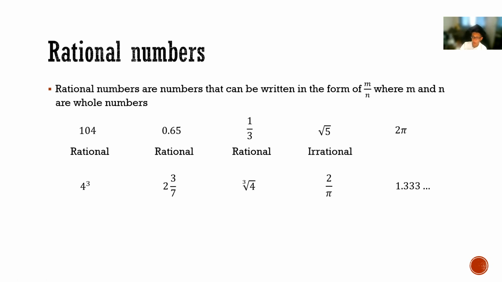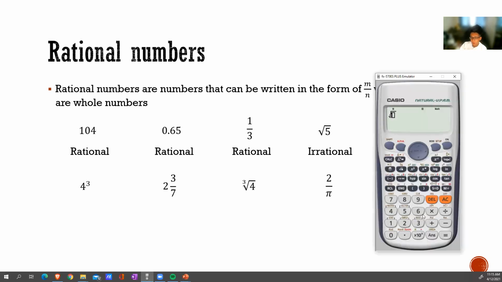It's not a rational number. Because if I use a calculator, square root of 5, see, it's a never-ending decimal that I can never put into fraction form, where top and bottom are whole numbers.